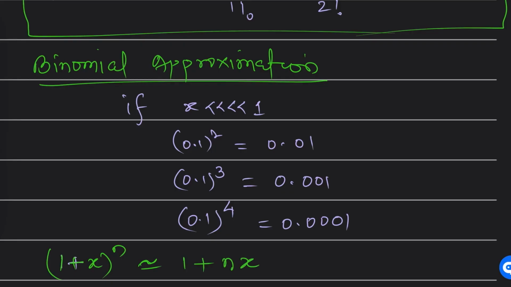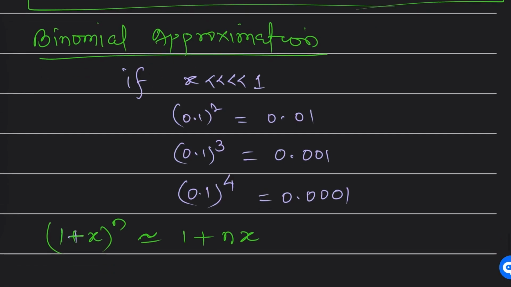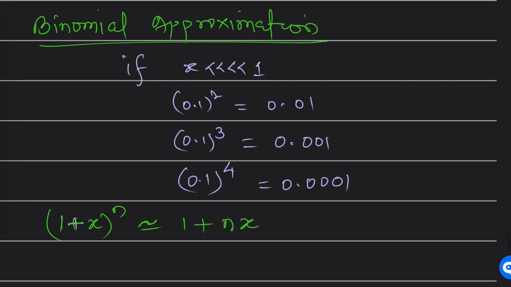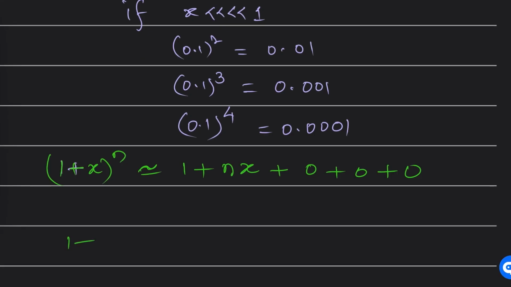Sir, n into n minus 1 by 2 factorial, I will write it, but if I write x square, a number less than 1 when squared is going to decrease further. So we can say the extra terms coming, because the power is increasing, are 0 plus 0 plus 0, meaning all are going to be 0. So the final expression you should remember is (1 plus x) to the power n is almost approximately equal to 1 plus nx.